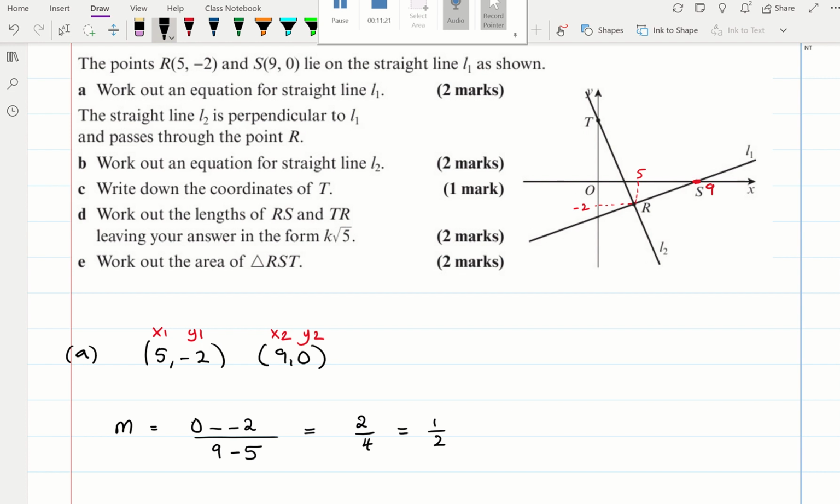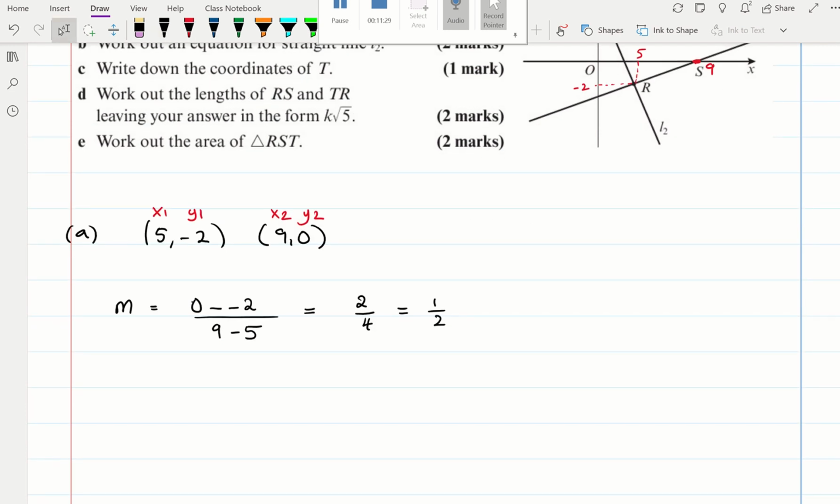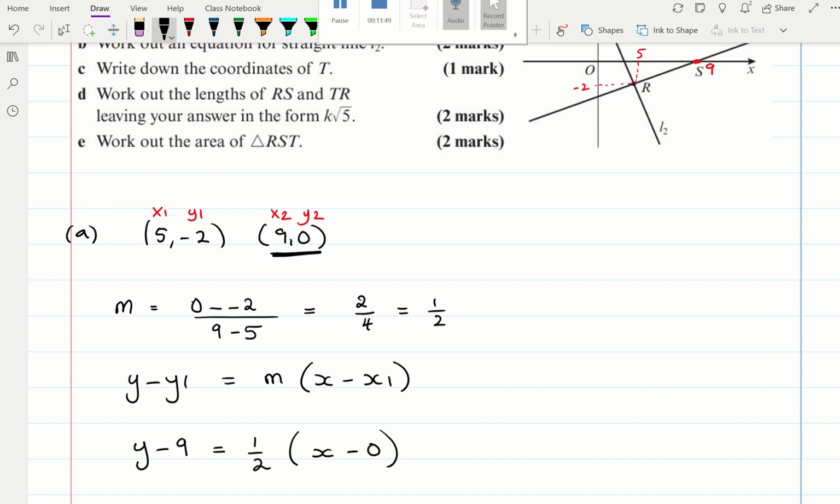And then I'm going to use my formula for finding the straight line. So that's y minus y1 equals m(x minus x1). So I will use this one. That will make life easier. So y minus 9 equals a half (x minus 0), which is just x.